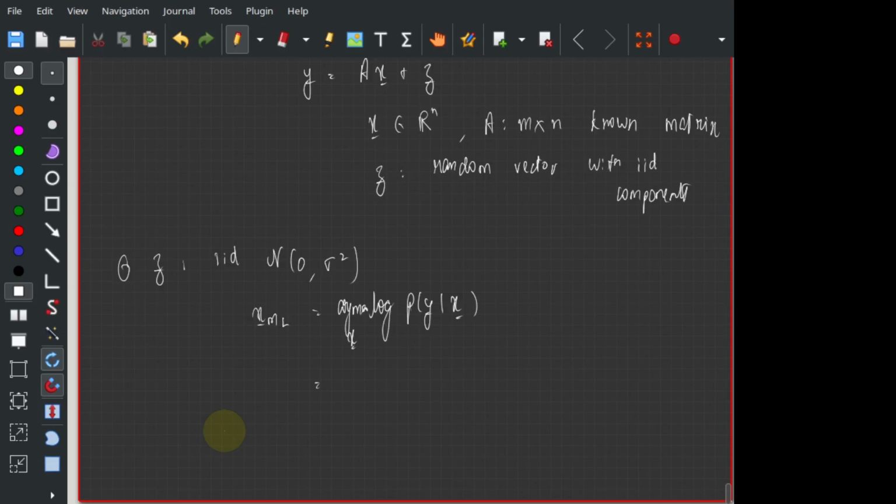What is the distribution of Y given X? Y is equal to Ax plus Z, and here Z is Gaussian. So what is the distribution of Y? It's Gaussian with what mean and what covariance matrix?